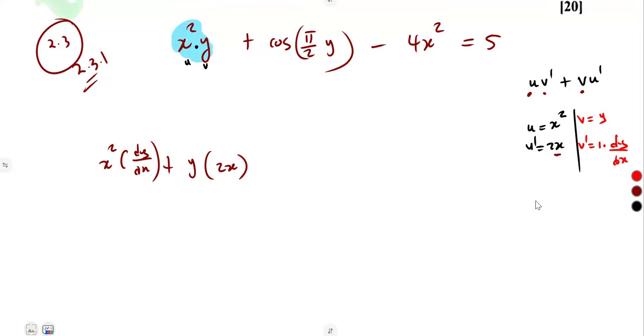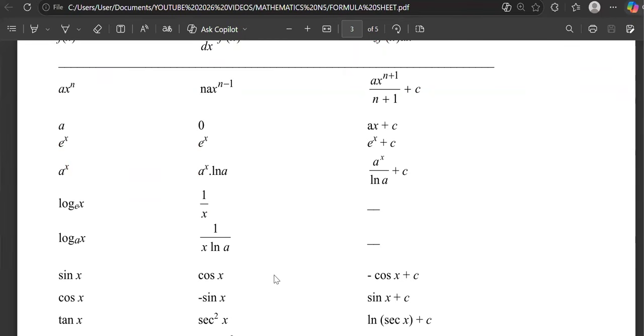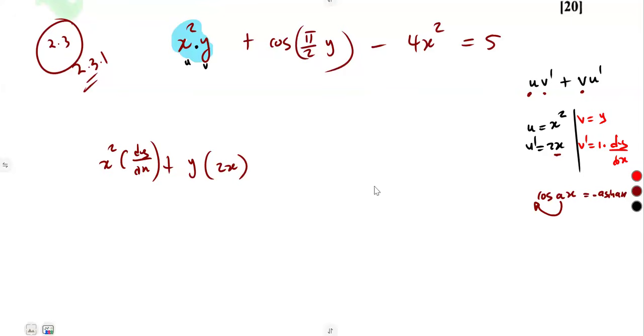So this is it. Then cos, remember, the derivative of cos ax is going to give us minus a sine ax, the constant multiplies. Here they just gave us cos to minus. So if there is a constant here, you have to multiply it also there. So that is the case of our pi over 2.